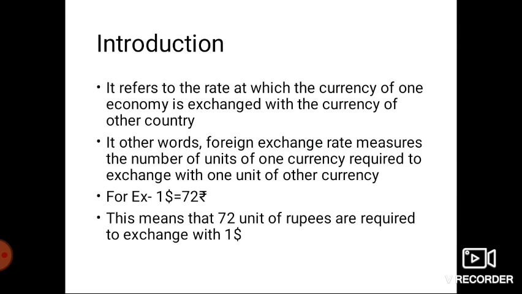Suppose a refinery which makes crude oil into petroleum, diesel, and other products, now imports the crude oil from a Gulf country, say Saudi Arabia. Now payment goes to Saudi Arabia.